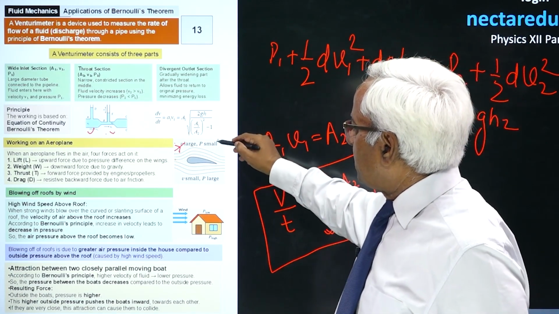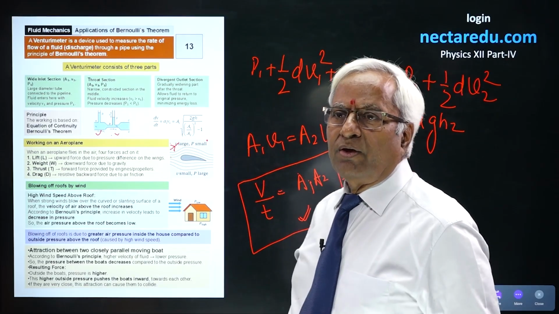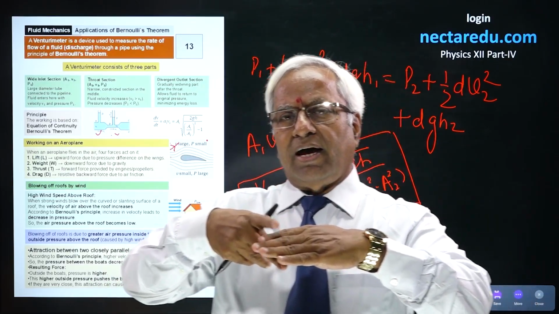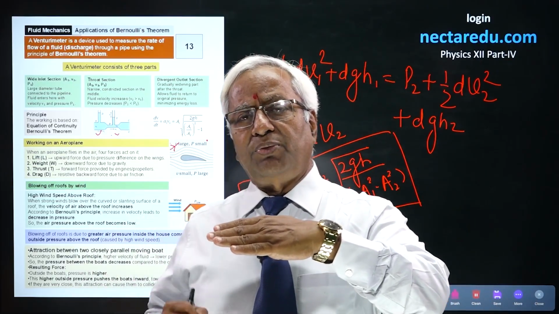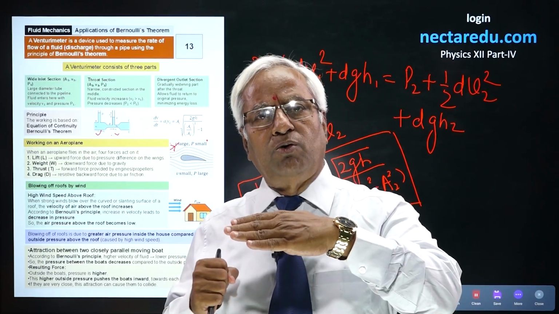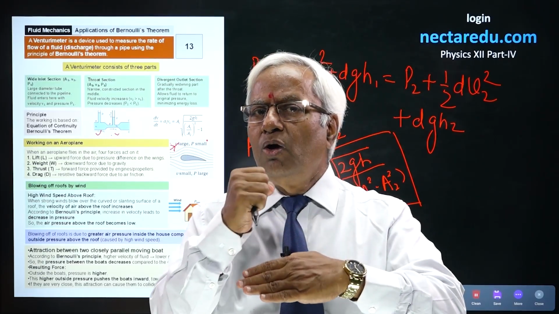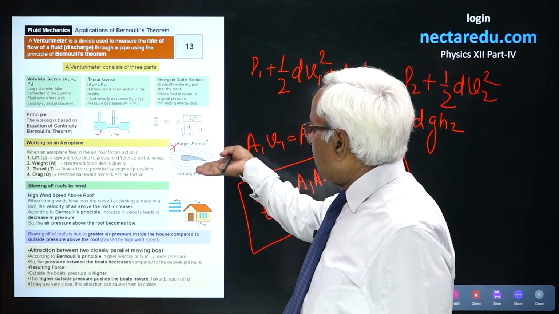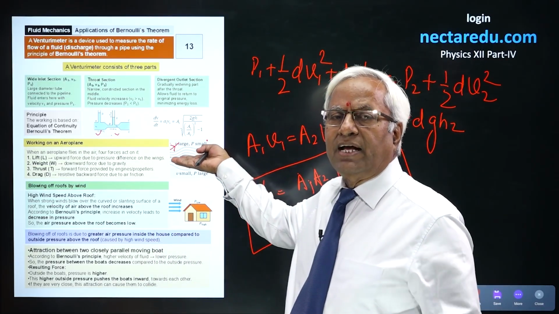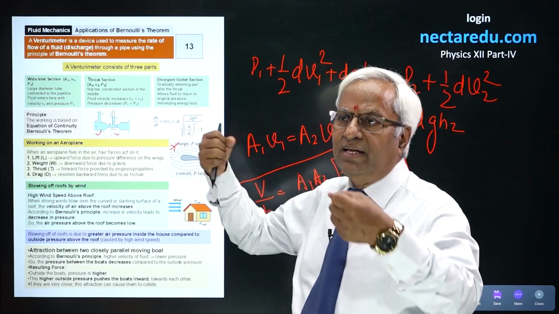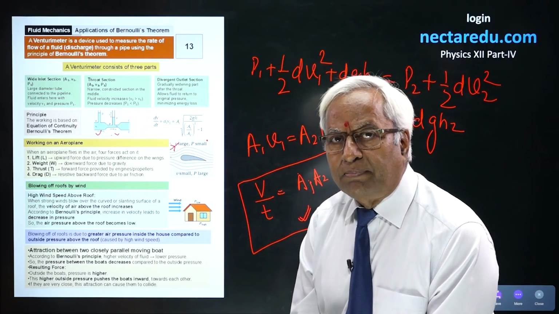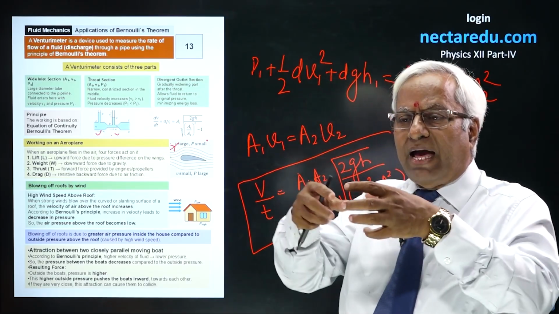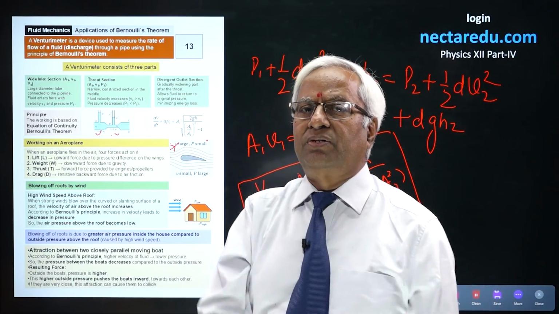Here the pressure becomes smaller. Whenever across a membrane the two sides have a pressure difference, there will always be a force from higher pressure to lower pressure. Here we have concluded that above this wing the pressure has reduced. Obviously, the force would be developed from the lower part to the upper part to balance this pressure difference.